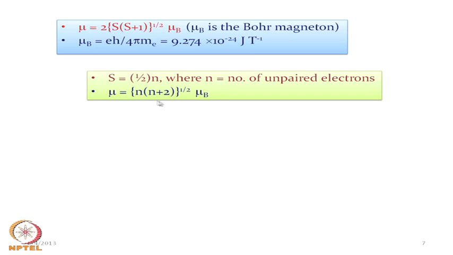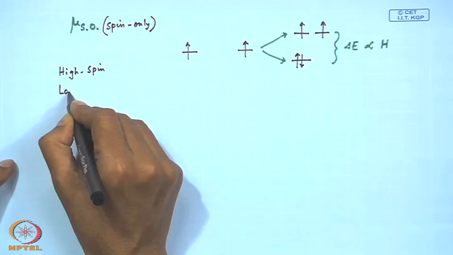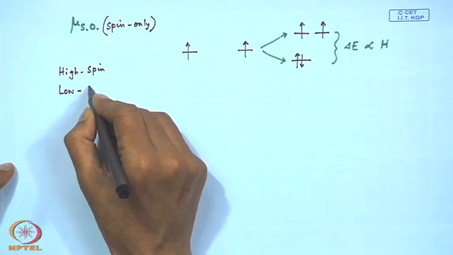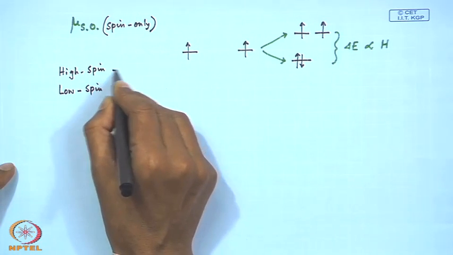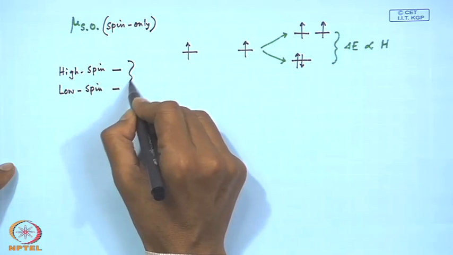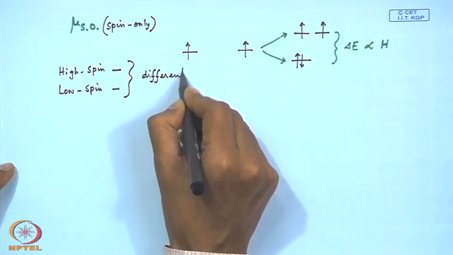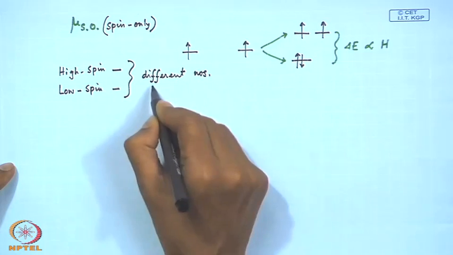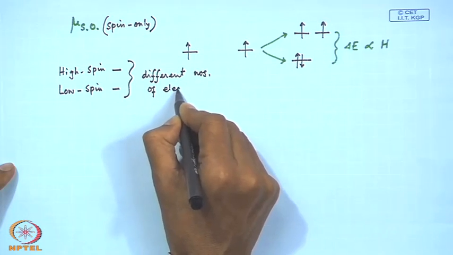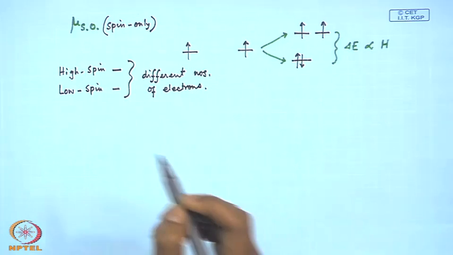if we know the corresponding crystal field splitting pattern also, because for two different types of compounds, the high spin complexes and the low spin complexes, we can have different numbers of unpaired electrons.